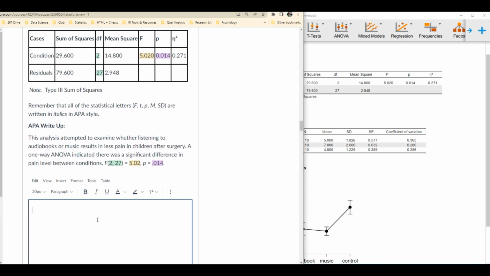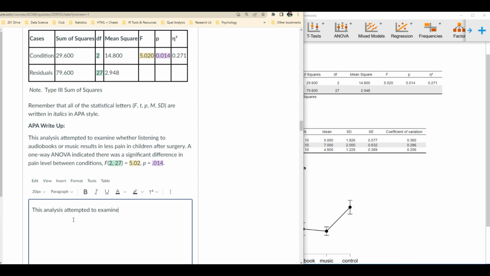So here we've got our APA style write-up, and here this is just a space for you to practice. So we have this analysis attempted to examine what? And you can feel free to use your own words here, but it should make sense as a standalone sentence.